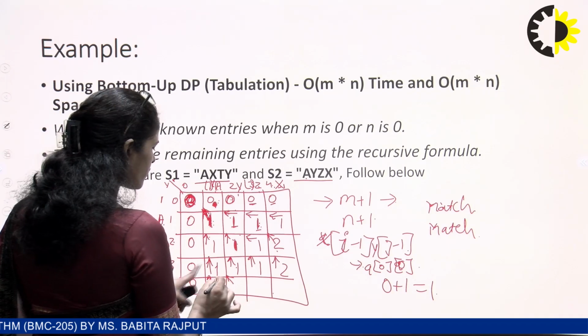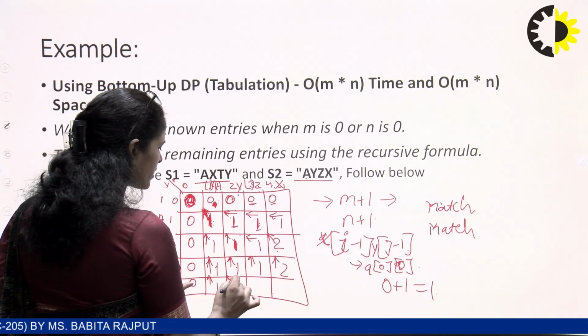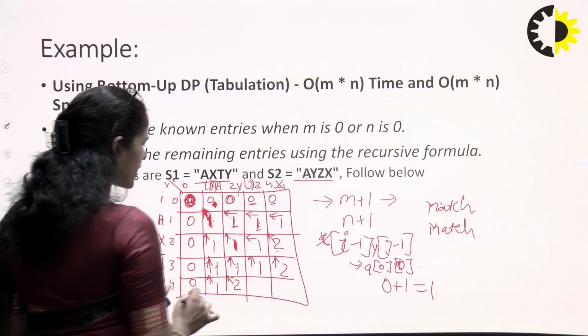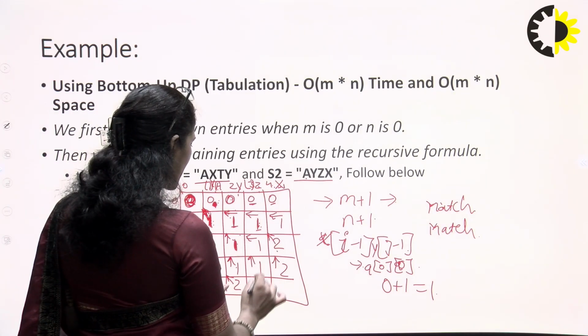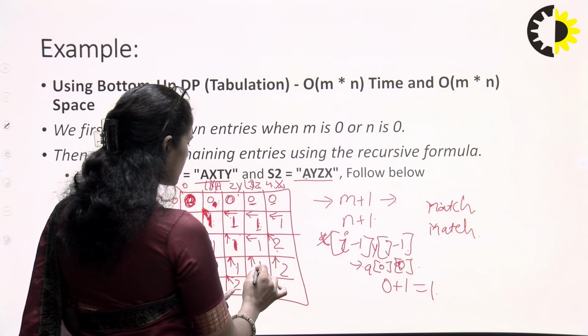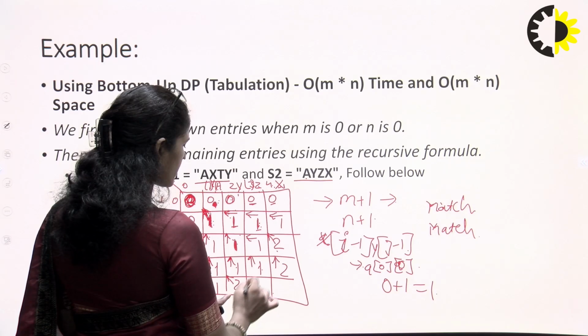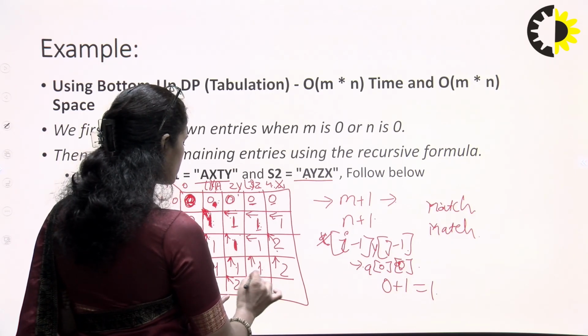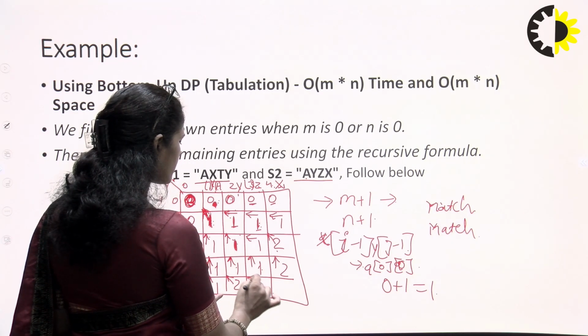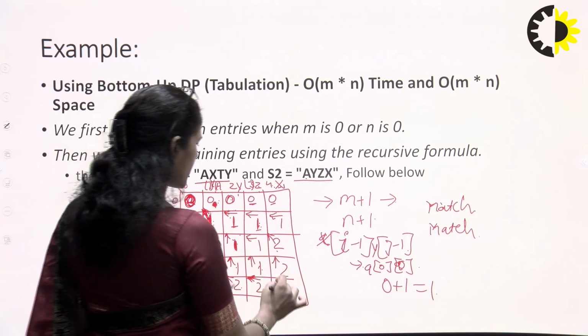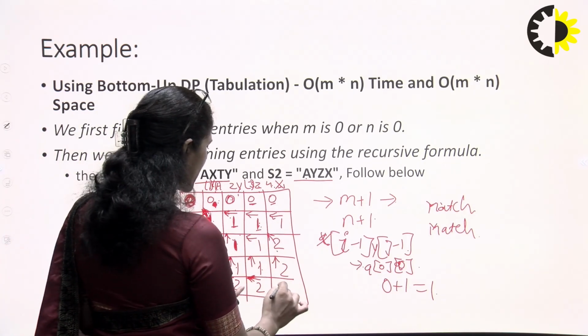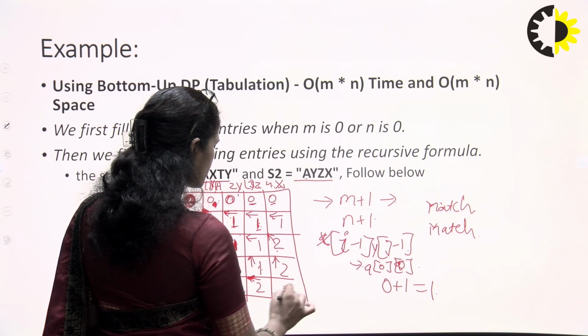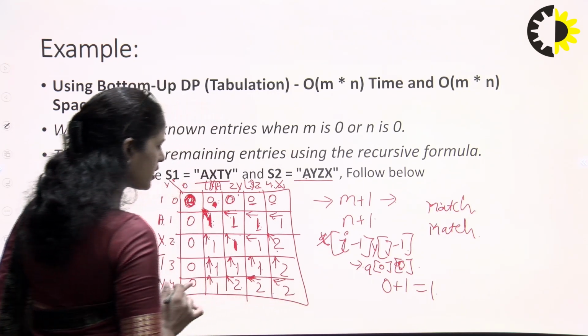What is the diagonal value? 1, and after adding 1 it becomes 2, right? Then again we are comparing both cells like this and this, so the maximum value is this and the diagonal represents this direction. Next again do not match, and again we are taking the max value.